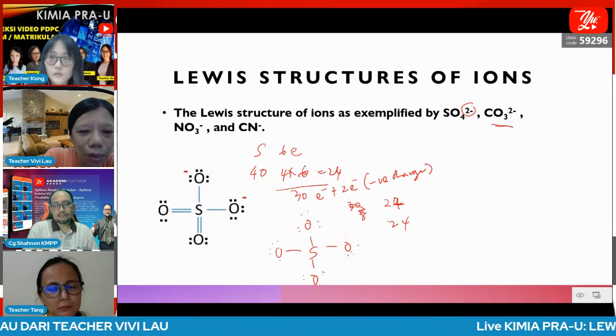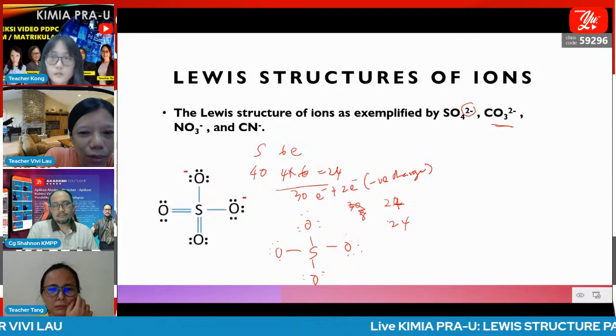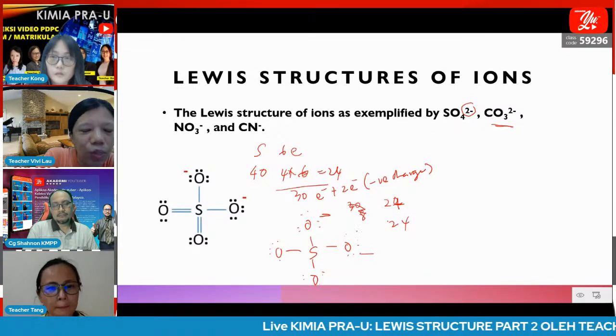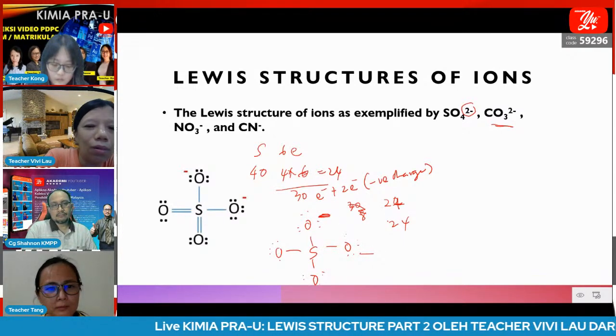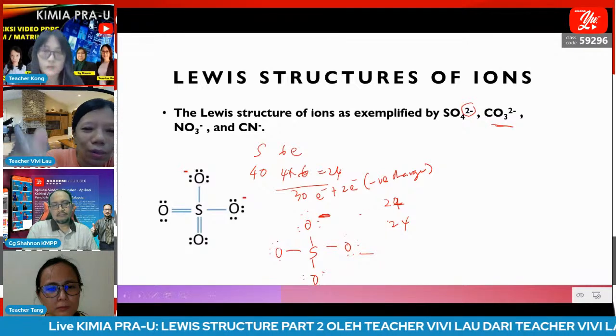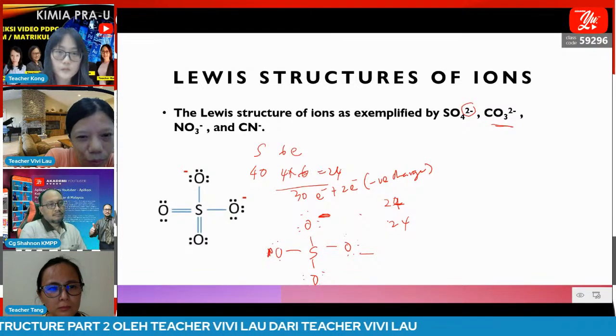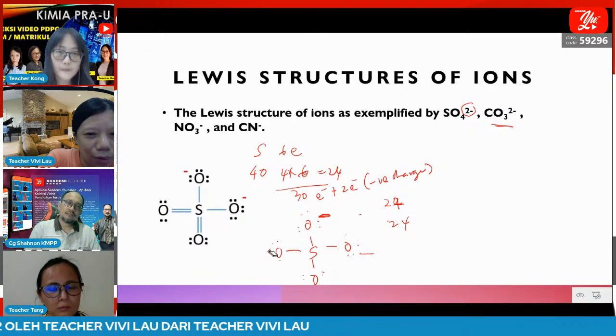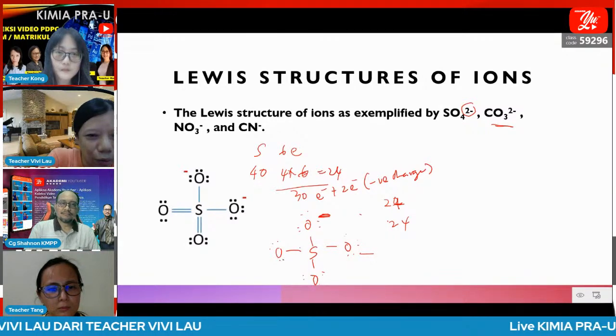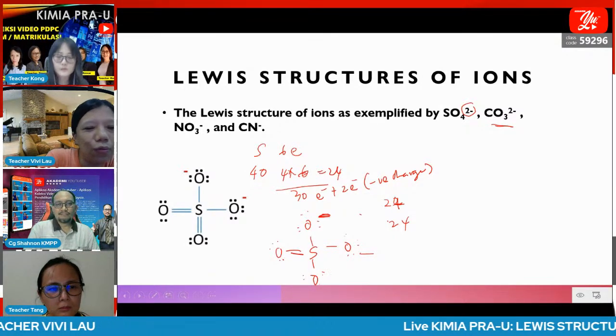But sulfur can expand octet. So one lone pair will go to the inside. Later we will learn formal charge, why you have to write this one.